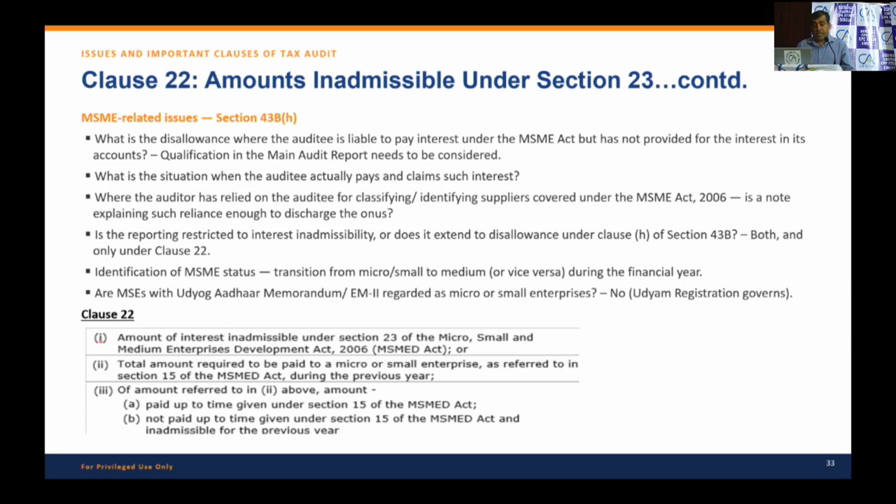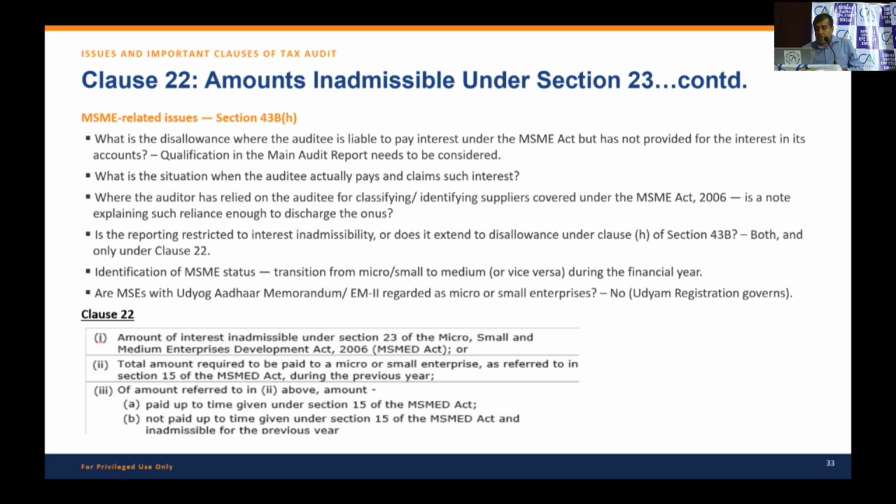And when it comes to 3, out of the amount referred to above, the amount paid up to time, which is say within the year also, if you've paid something after the time, whether those transactions will be reported in 3A, the answer is no. But whether that amount was reported in 2 above, the answer is yes.